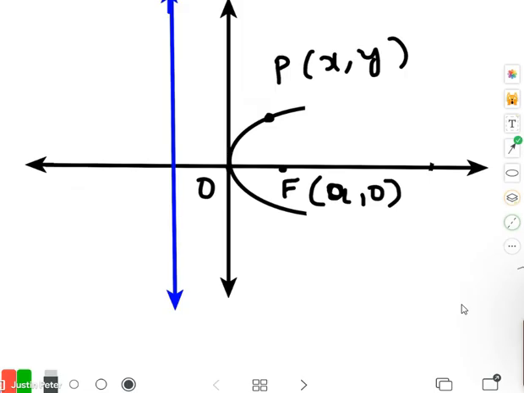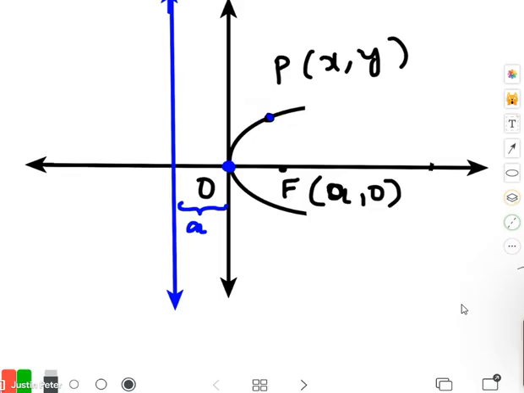Is this clear? Why is it a units away? Because the vertex is a point on the parabola. The distance from the focus has to be a, and the distance to the directrix must be a as well. Clear? Now choose a point P on the parabola somewhere over here.